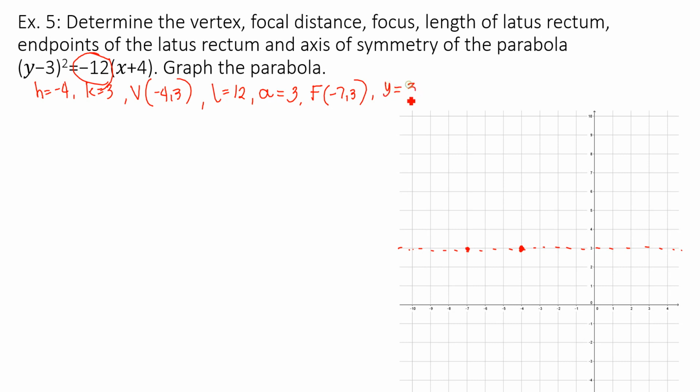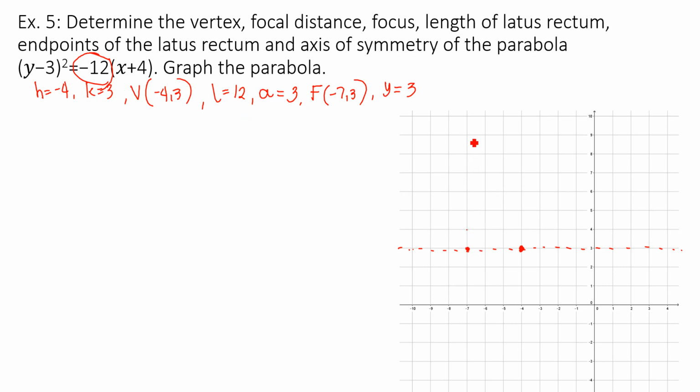Okay, and then the endpoints of the latus rectum. Let's divide 12 by 2, which equals 6. So from the focus, let's count 6 units upward: 1, 2, 3, 4, 5, 6.